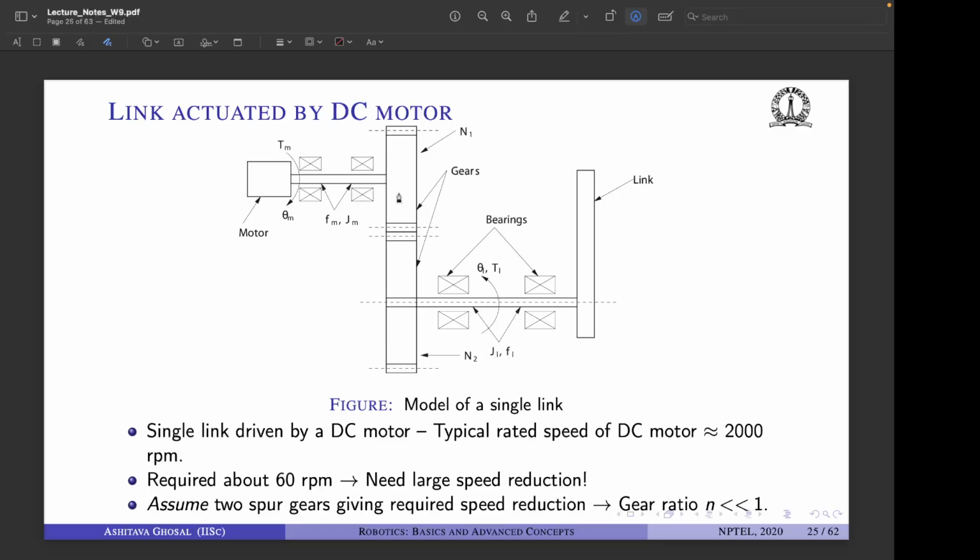So the output has lower speed than the input, but it has higher torque than the input. So if, let's say, 1 newton meter torque is provided by the motor, and we have a gear ratio of 10, then at the output we will get 10 newton meters, right? So that is pretty straightforward.